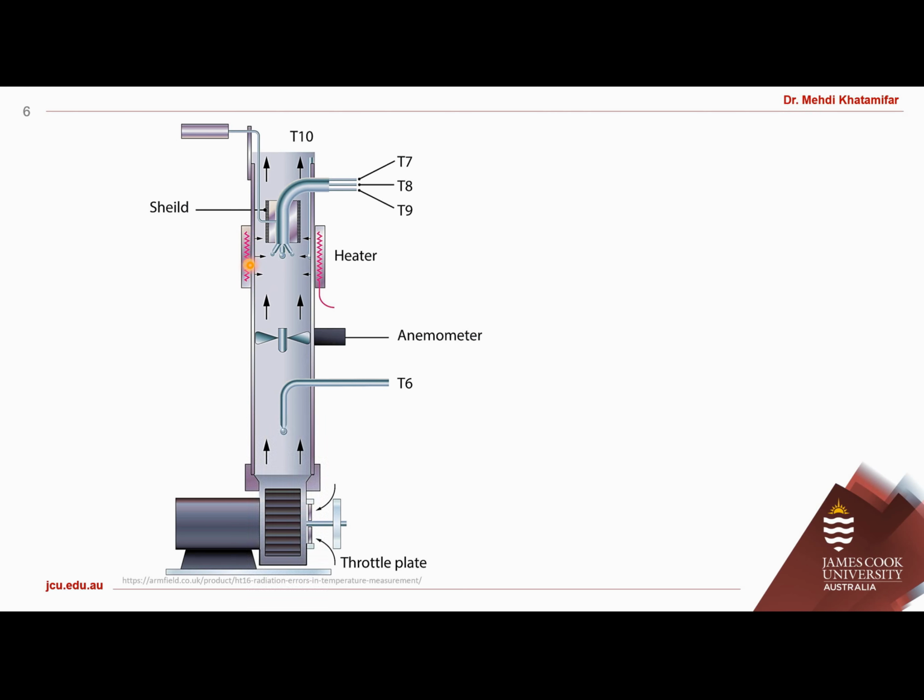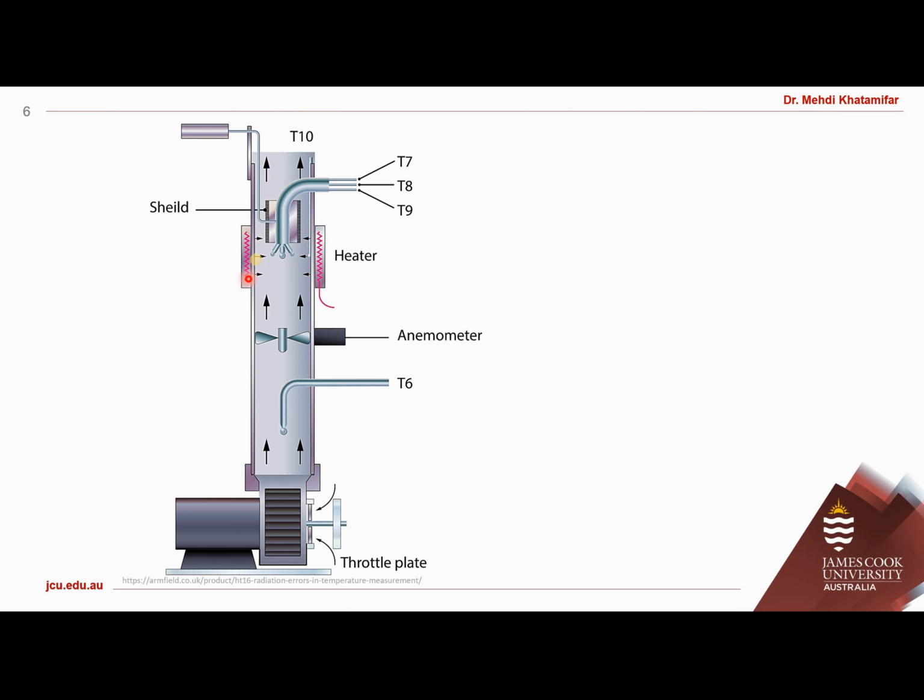And because there is no direct contact between T7, T8 and T9 and the heater, the way we are going to have heat transfer from the heater to those three thermocouples is just through radiation.